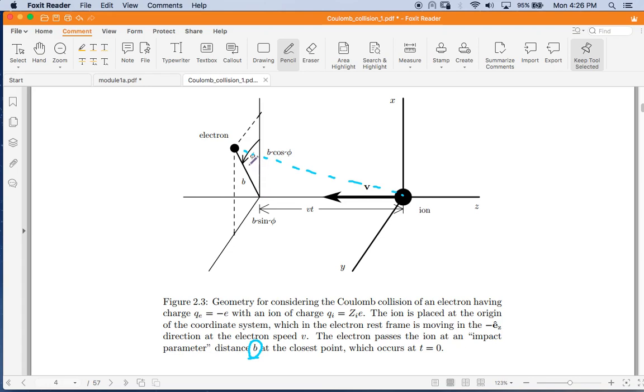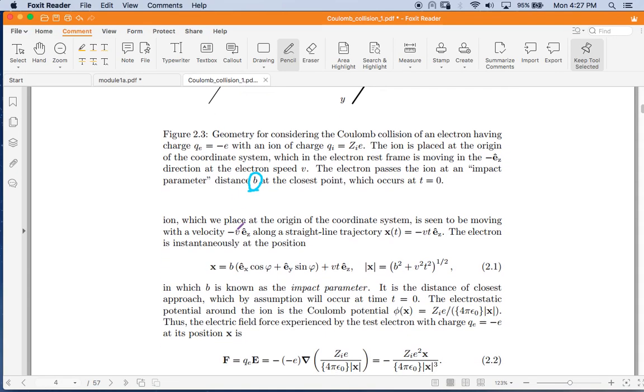And just from the geometry, you've got b cosine phi, and so that's angle phi. So this would be b cosine phi, this would be b sine phi. The ion is seen to be moving like that in a straight line trajectory, and the equation of the straight line trajectory is this.